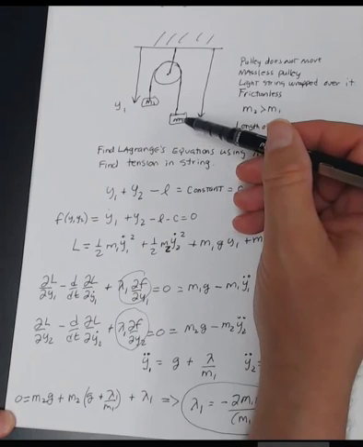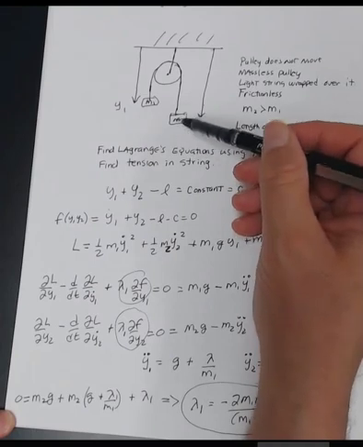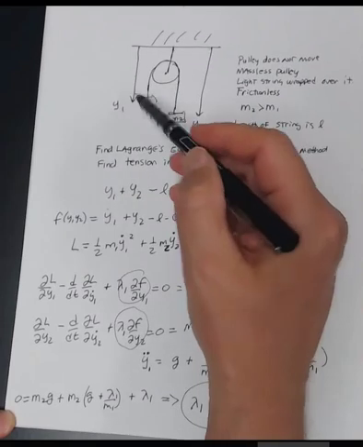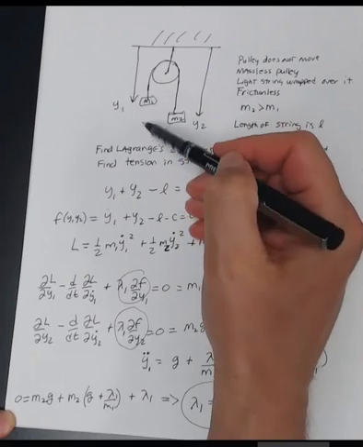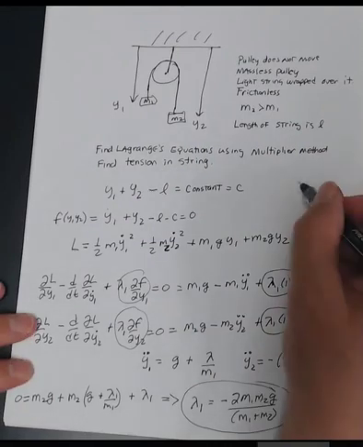So if mass 2 is going down, the tension in the string on it is going to be up and equal to that in magnitude, and if this one's going up, the tension's down. So why do we identify it as the tension? Let's say I look at one of these.